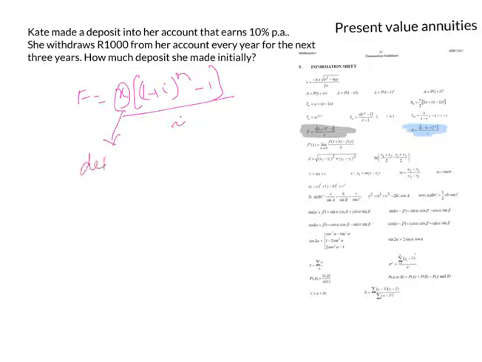If that is the X, then we must look at what is happening to the annuity. If the annuity is a deposit, then it's future value. Now, what is the annuity here? The annuity is the money I'm withdrawing.